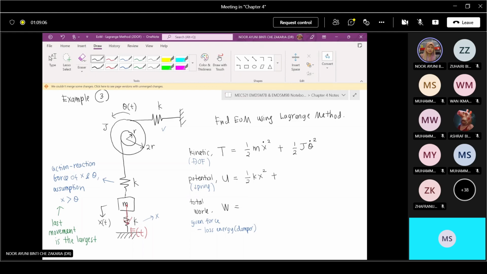So saya sambung balik. That making when we have X is larger than theta, kita boleh dapat sini 1/2 K X minus theta. But then kita kena samakan value yang nak ditolak tu.